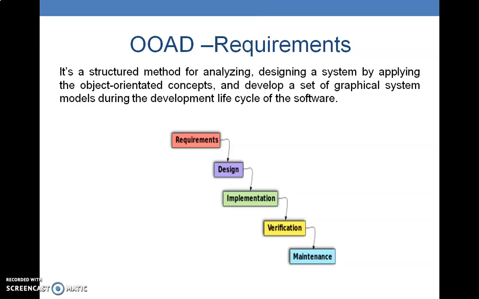Next one, verification. After implementation and running the process, verification, that is testing, will take part. Without testing, the software will not be delivered to the customer. In testing, black box testing is more important. In black box testing, the whole requirement, design, and implementation will be checked.